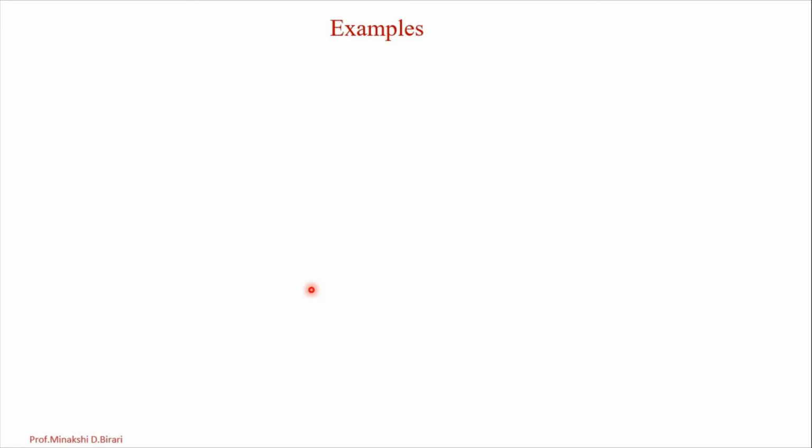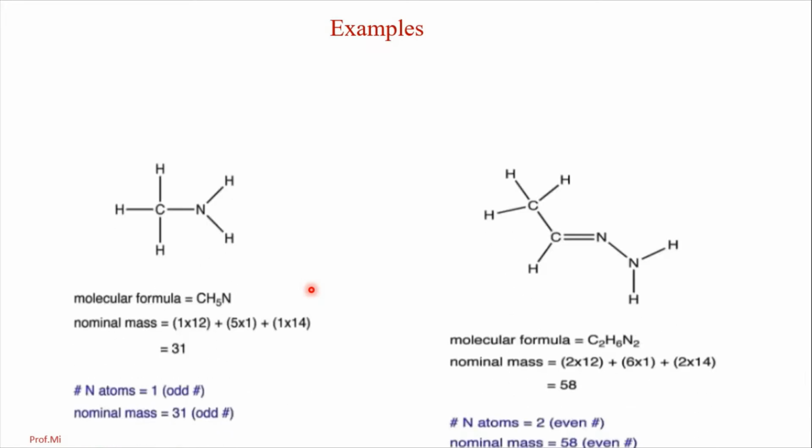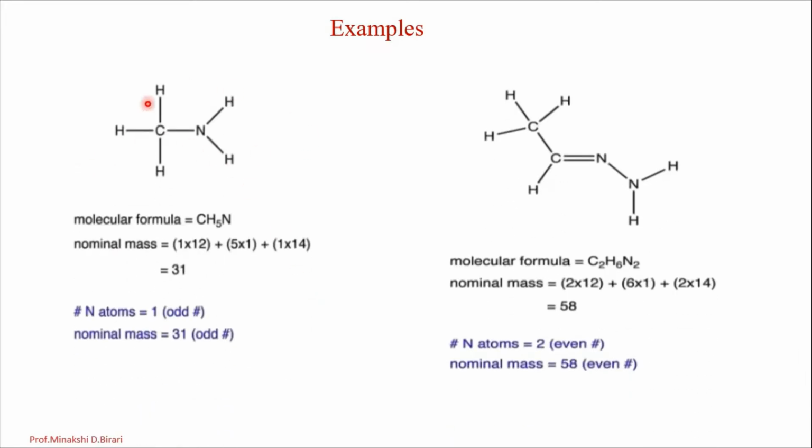Let us see further examples. Now in this example, the molecular formula is CH5N, number of nitrogens 1. If we calculate the nominal mass, number of carbon atoms 1, so 1 into 12, number of hydrogens 5, 5 into 1, number of nitrogen 1, so 1 into 14, so in total we get 31.